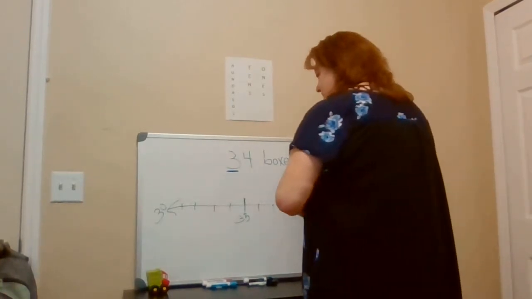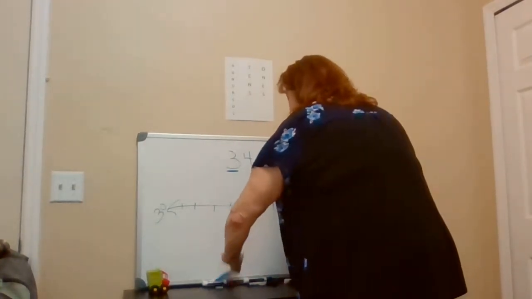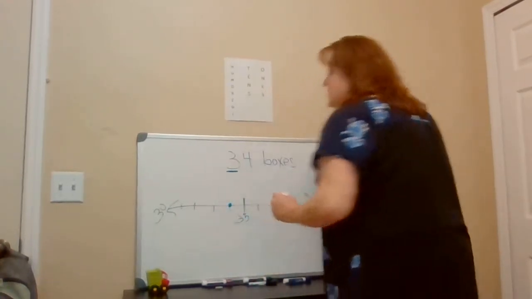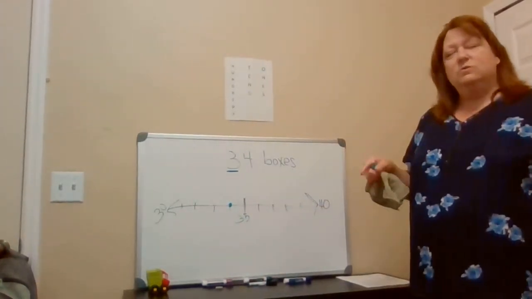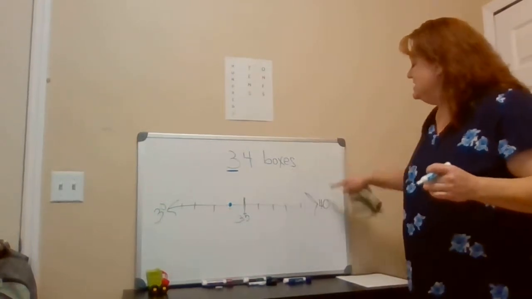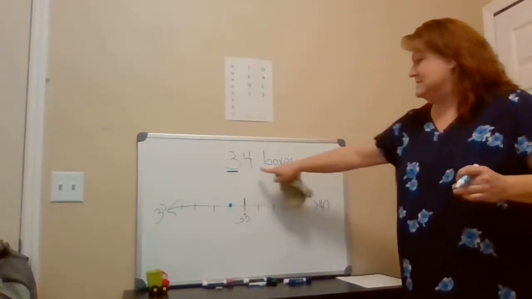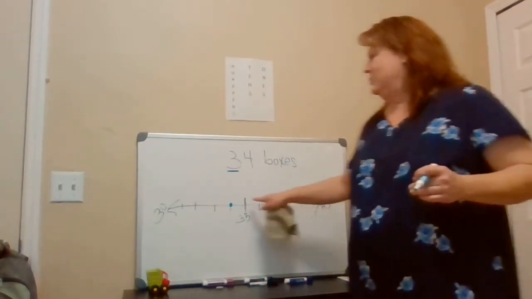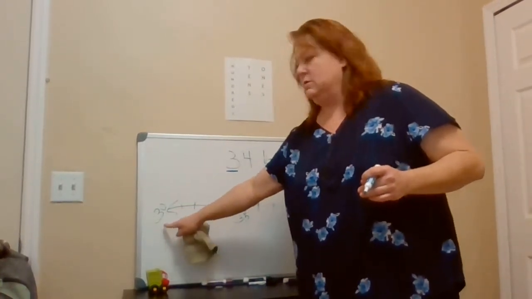Now my 34 would fall right about here, correct? This is 34. Now when we round, we're going to go up to the next highest 10 or down to the lower 10, because I'm wanting to round to the nearest 10, okay?